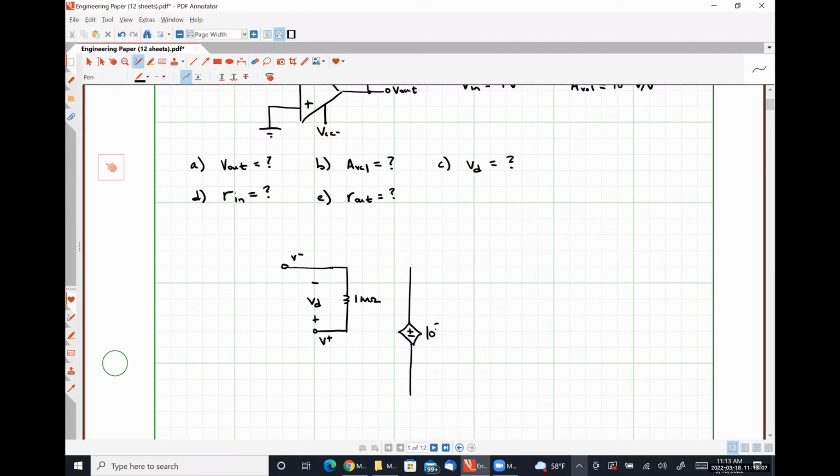I'm going to have 10 to the 5 VD here. I have my output resistance, which has a value of 100 ohms here.